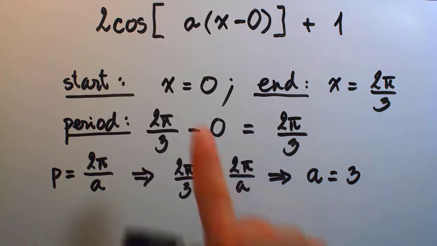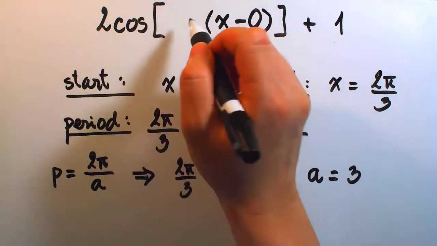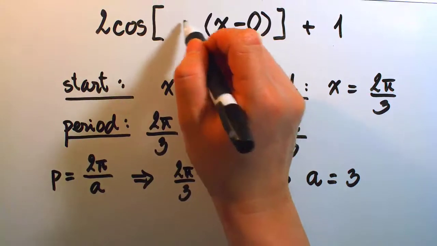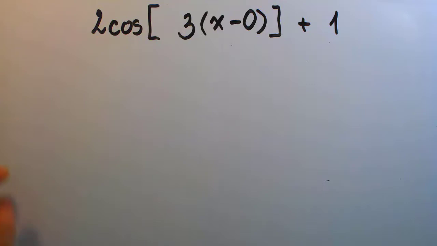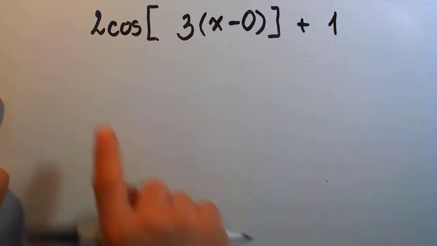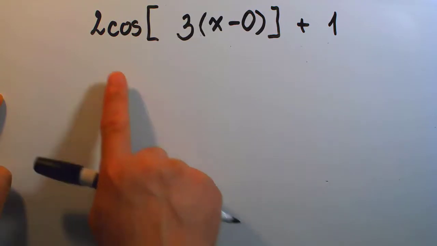And now this value can be changed to 3, and we are ready to make our final expression of our entire sinusoidal graph expressed as a cosine function.